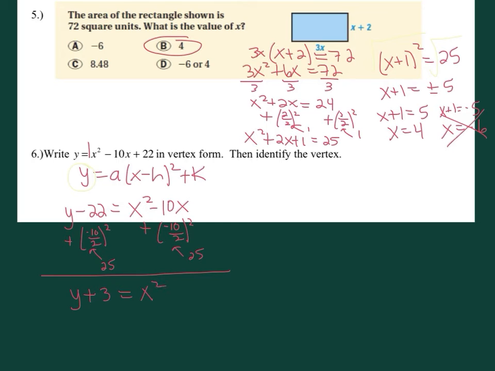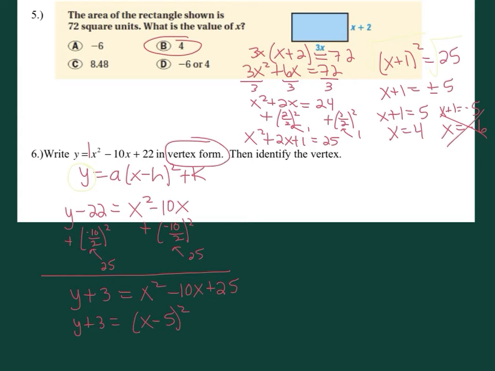So y plus 3 equals x squared minus 10x plus 25. Well, now we can factor that right-hand side and rewrite it as (x minus 5) quantity squared, because it'd be x minus 5 times x minus 5. And I've successfully completed the square.